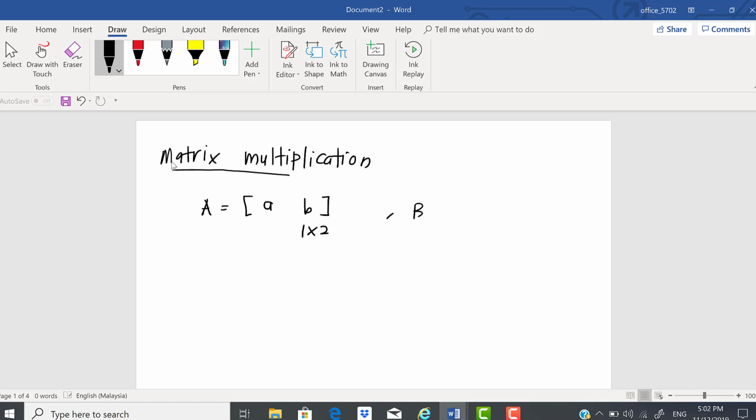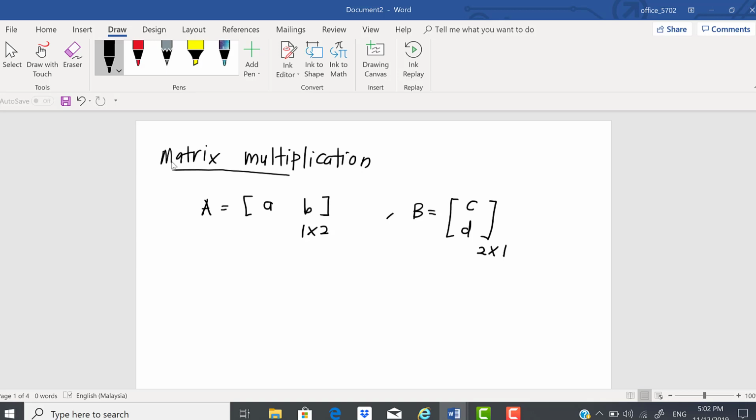And let's say our B, okay, so this is 2 rows and one column. So when we have a matrix multiplication, we must look at the type of matrix.